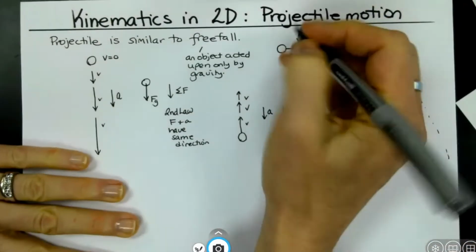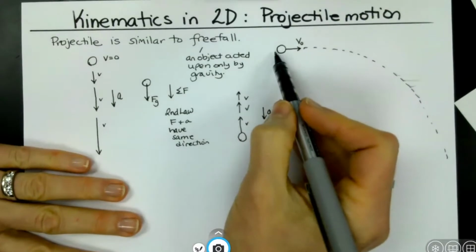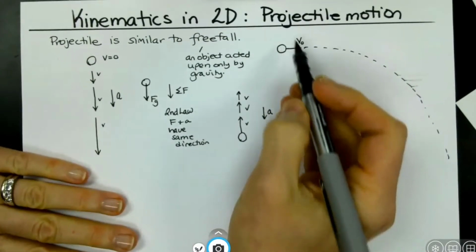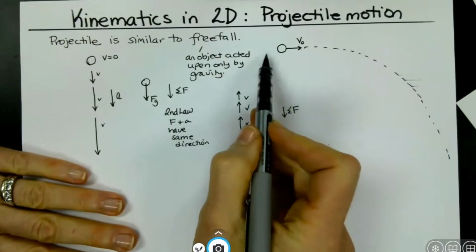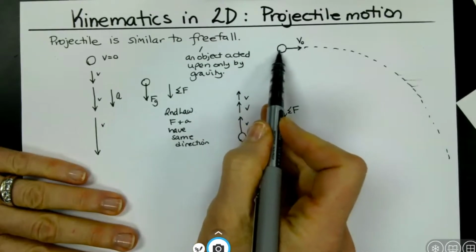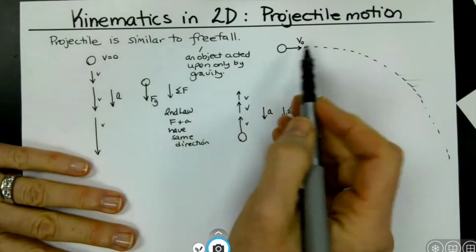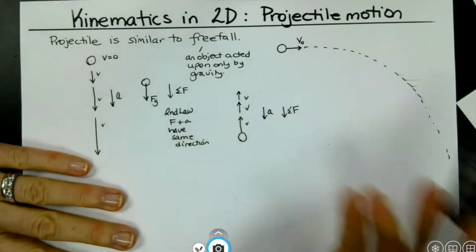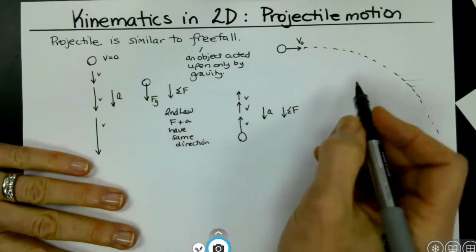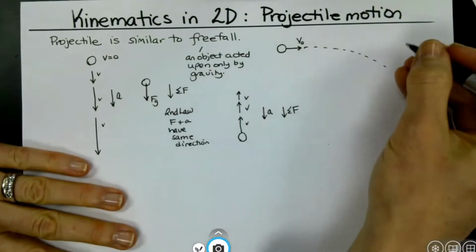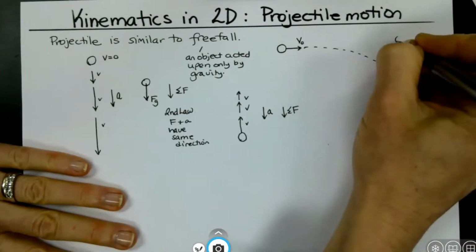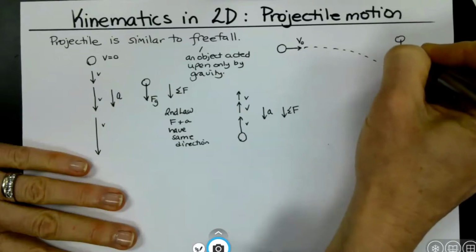The work is done on it before it's a projectile. So back before this stage, something must have happened that gave it some initial speed. Once it left the launcher or the person's hand or whatever threw it, then gravity takes over. And if you look at the free body diagram for a projectile, it only has gravity acting on it.